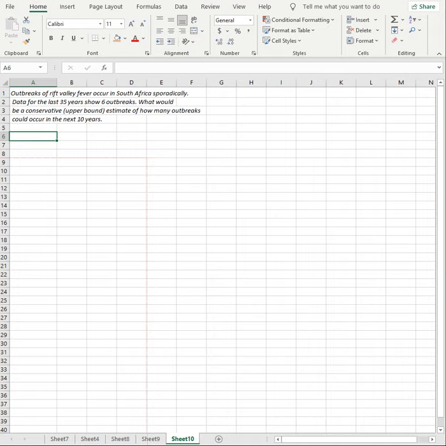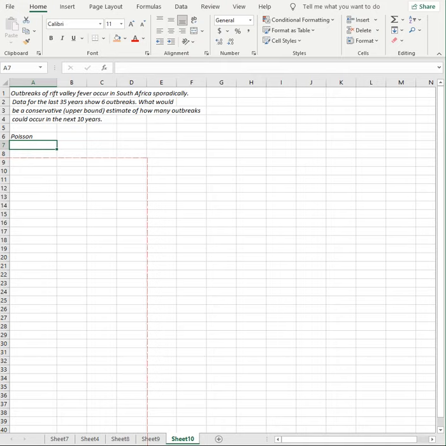The example we're going to use is about Rift Valley fever in South Africa. So we're going to use the Poisson distribution, and let's get down some of these numbers. For this one particularly, because it's got a couple of steps to it, it's particularly important that we list the information that we have and label it correctly.